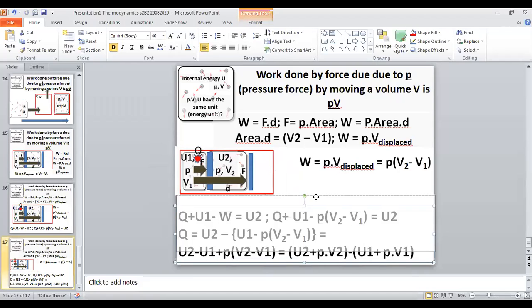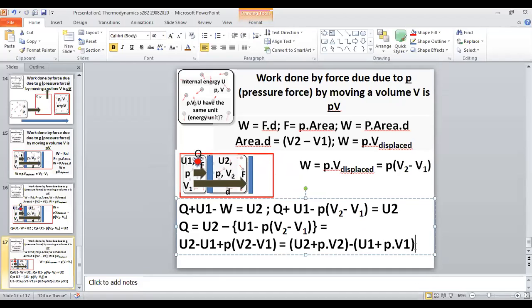So this is Q. All the while it's about Q. This is a single equation.